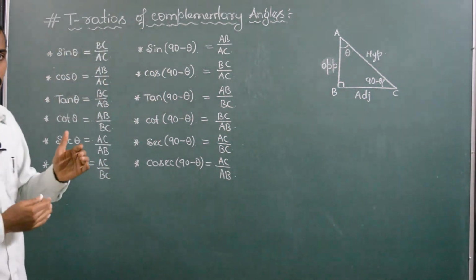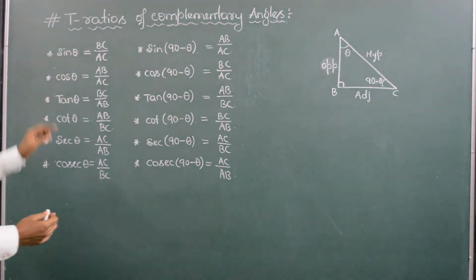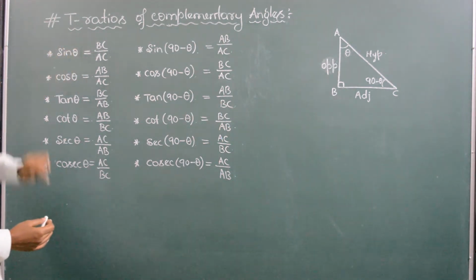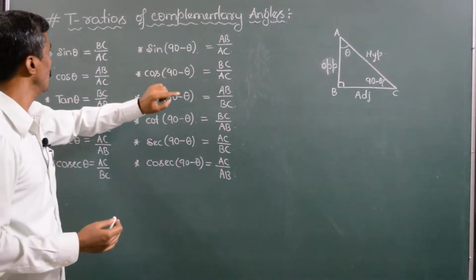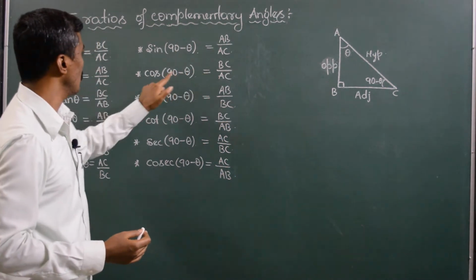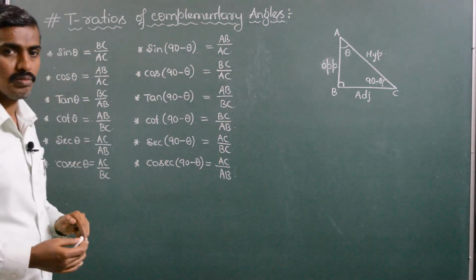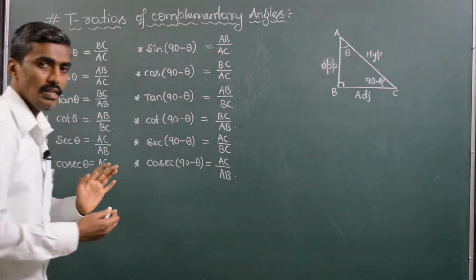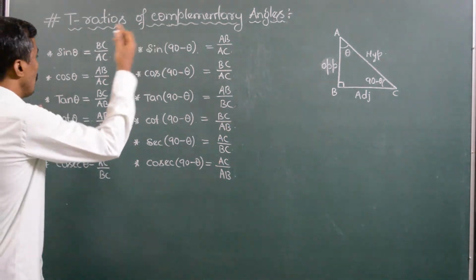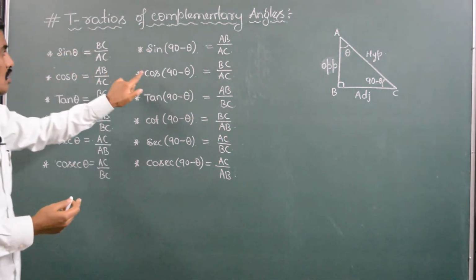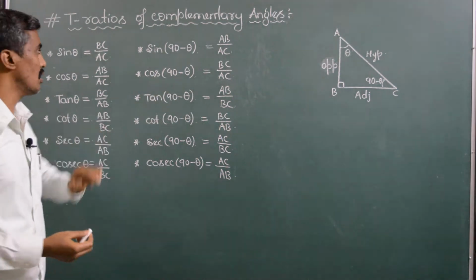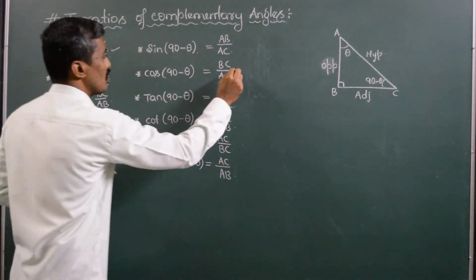Now compare these T ratios. Here sin theta is BC by AC, and BC by AC is equal to cos of 90 minus theta. So from this we can conclude that sin theta is equal to cos of 90 minus theta. Here BC by AC, here also BC by AC.